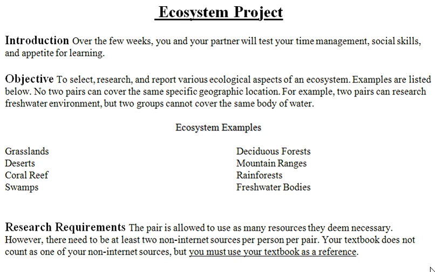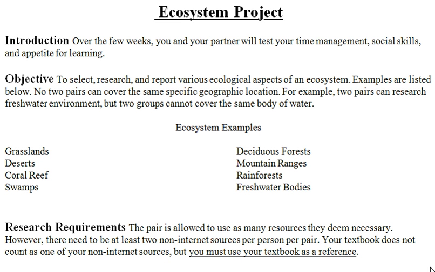You are to research actual pages and websites that have information on them, not just online dictionaries. The only dictionary or glossary you are allowed to use is your textbook. As you can see by the underlined phrase, that is a required reference. You must use your textbook.